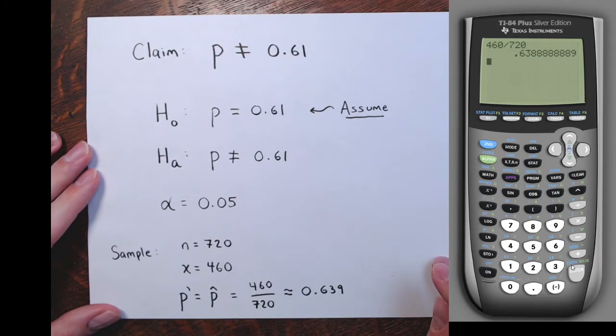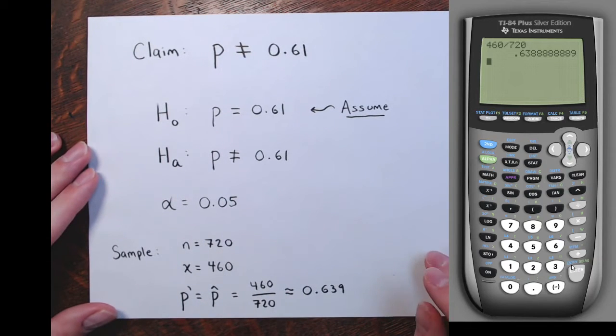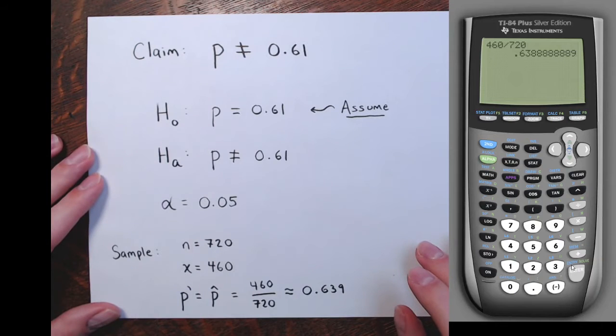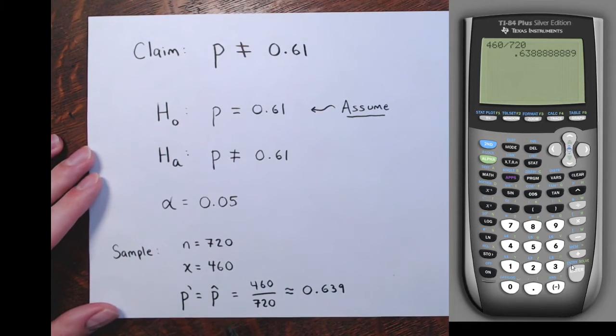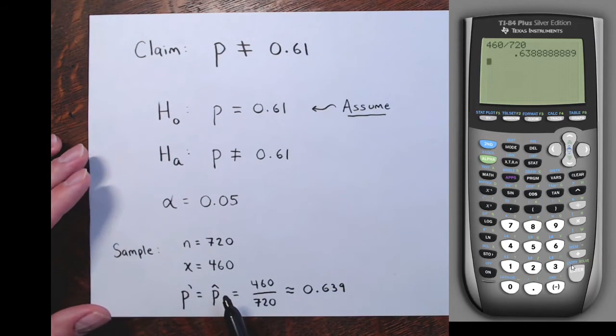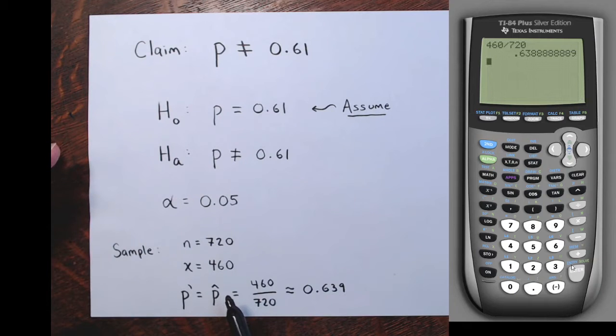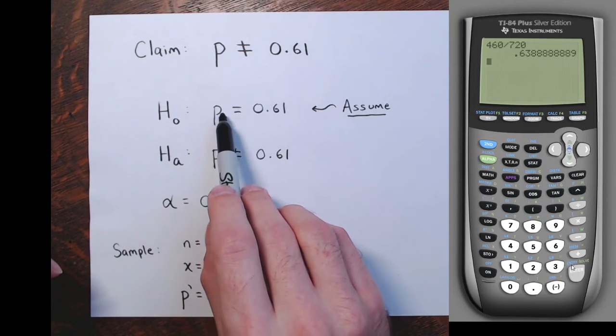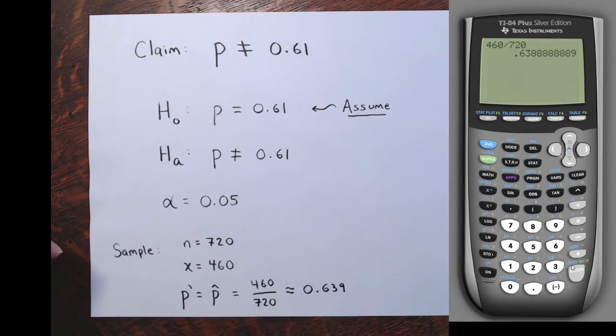Remember that the distribution of sample proportions, the p hats or p primes, is approximately normal, with a mean of p and a standard deviation of the square root of p times 1 minus p over n, where p is assumed to be 0.61.